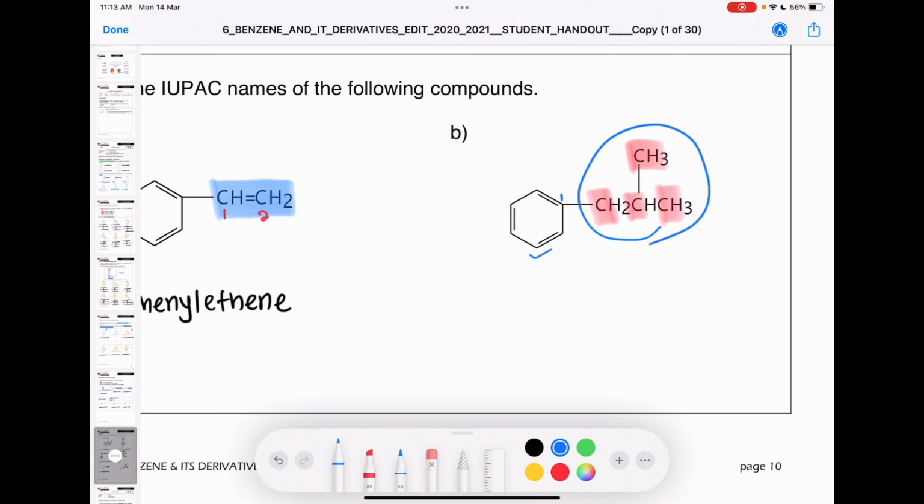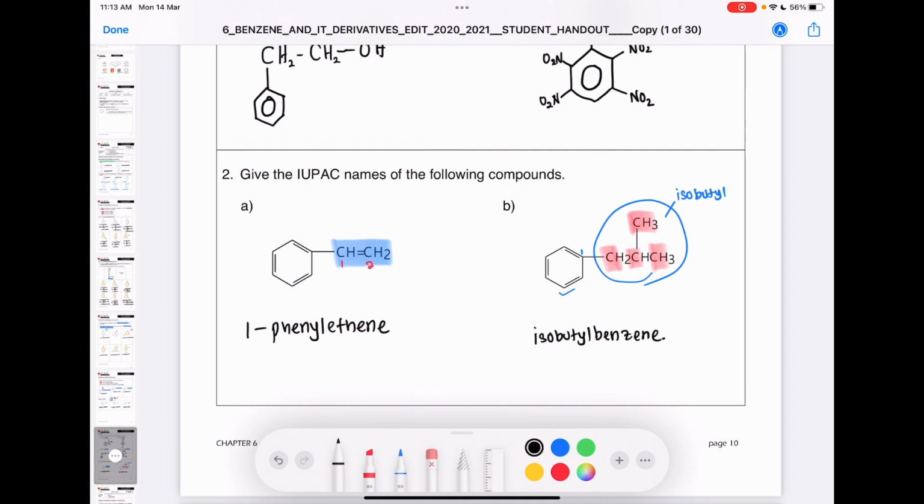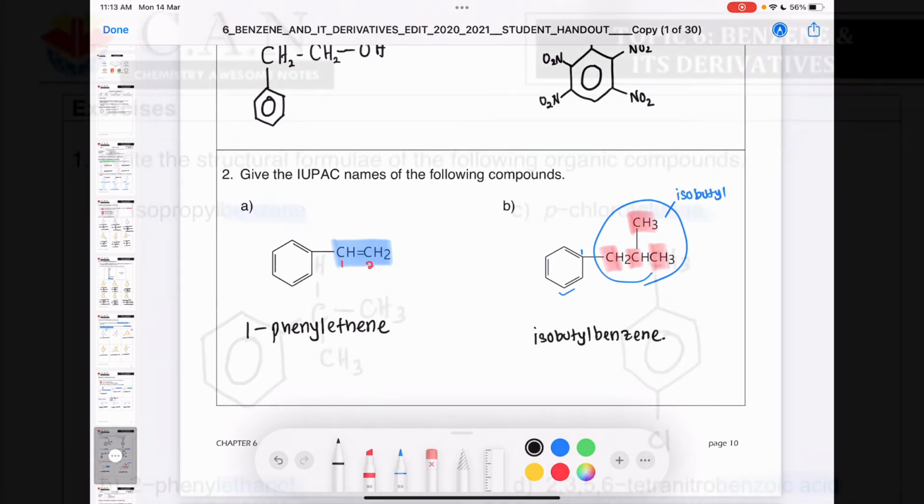Identify what alkyl group this is. This is actually isobutyl, so we name it isobutylbenzene. There you go. That's it for the naming of benzene.